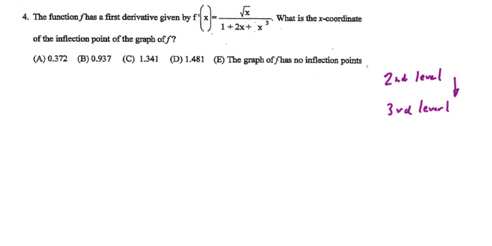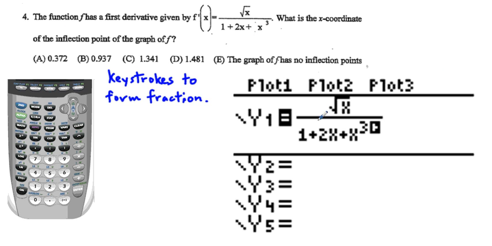And so the first thing I recommend is putting this function in your graphing calculator. Now we press the y equals key to make the graph, but I want to show you the keystrokes to form the fraction.